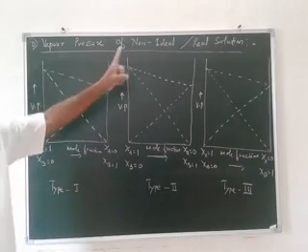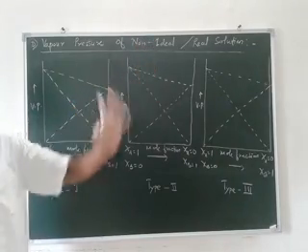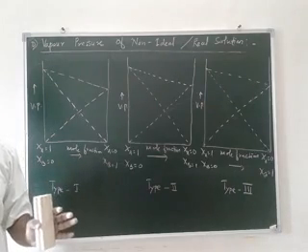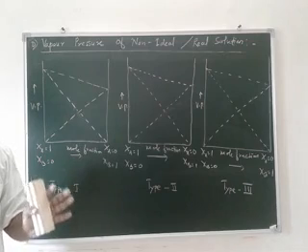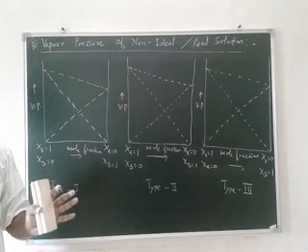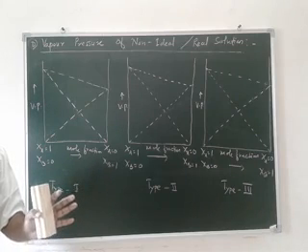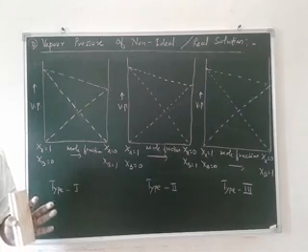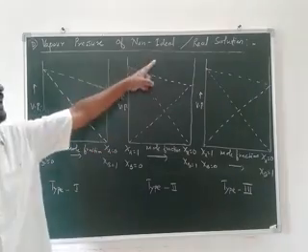Similarly, non-ideal solution or real solution is nothing but the solution which does not obey Raoult's law over the whole range of concentration and at all temperature. Or simply we can say that the solution which does not obey Raoult's law is known as non-ideal solution or real solution.